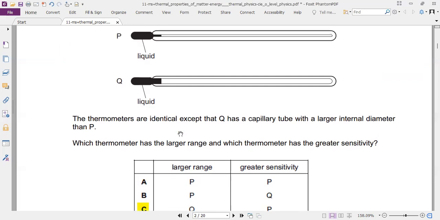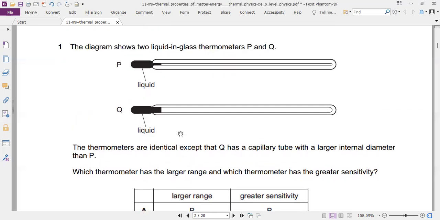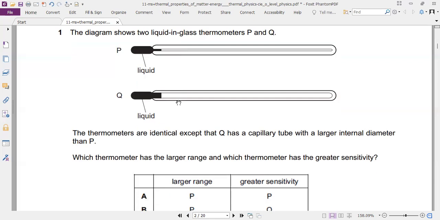Q will have the larger range and P will have the greater sensitivity. It is because Q will be able to hold more temperature increase because of the diameter of the capillary tube, and P will give you a very fine rise for a small change in temperature.